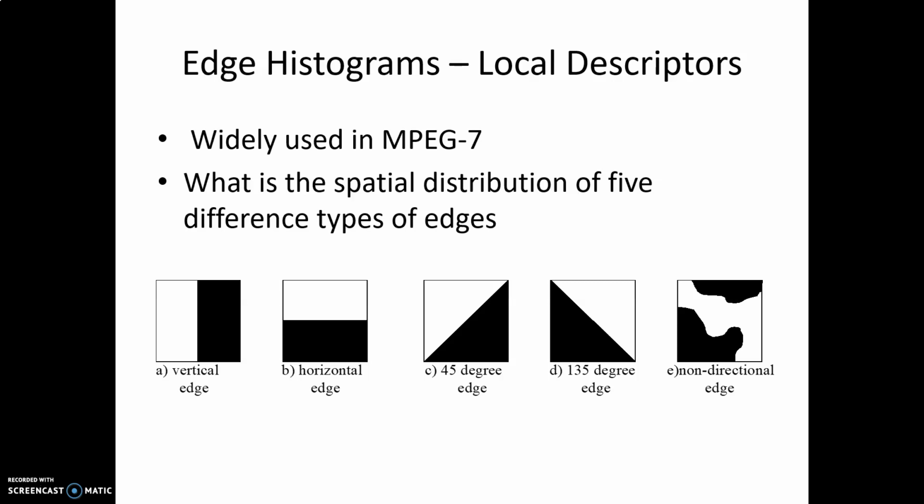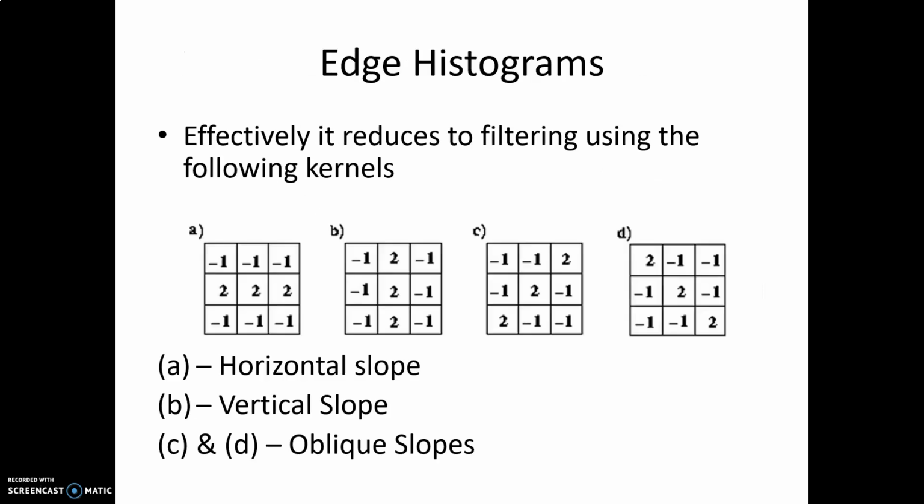Well, we have the horizontal edge, we have the vertical edge, we have the oblique or 45-degree edge, we have the reverse oblique 135-degree edge, or the non-directional edges, which are going to be the random edges.